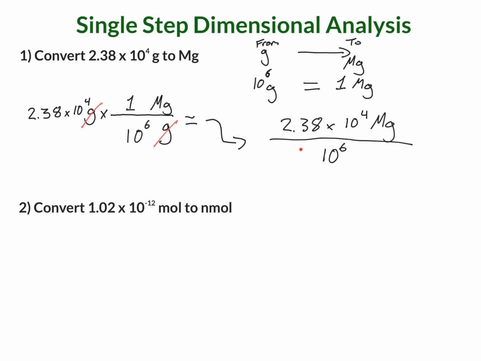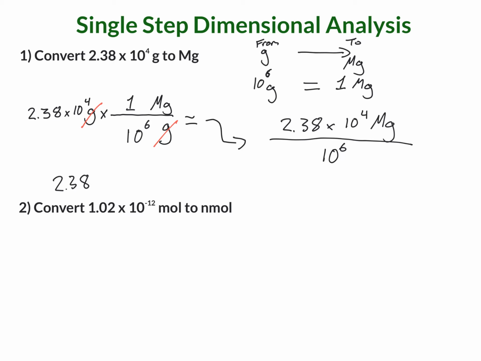That means it's 1. So 2.38 divided by 1 is, well, 2.38. So our answer is going to be 2.38. Then the second step is to do what? Well, we subtract our exponents. 4 minus 6 is what?